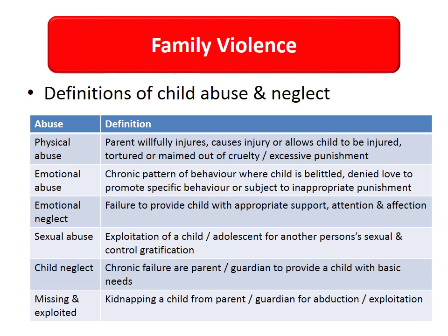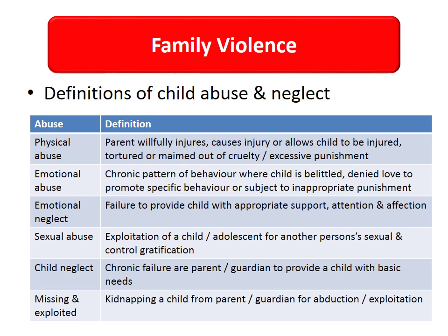Emotional neglect, on the other hand, is defined as the failure to provide a child with appropriate support, attention, and affection. Therefore, a parent or caregiver who actually attends to all the child's physical needs, such as provision of food and water, clothes, and shelter, could still be charged for emotional neglect.